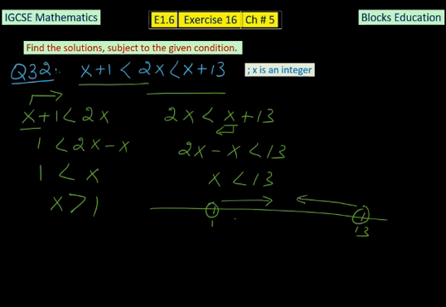It means our solution x is squeezed between 1 and 13. Now look at the condition. It says x is an integer, so we have all the integers like 2, 3, 4 and up to 12. So this is our solution: x equals 2, 3, 4 and up to 12.